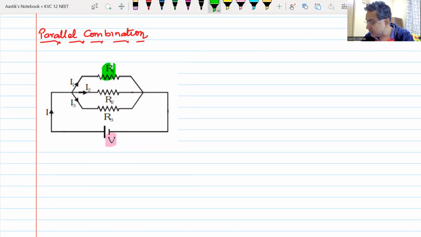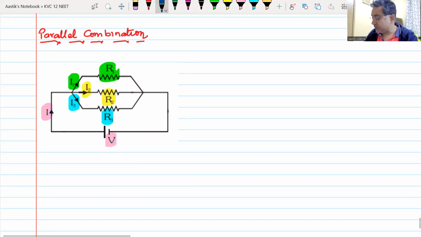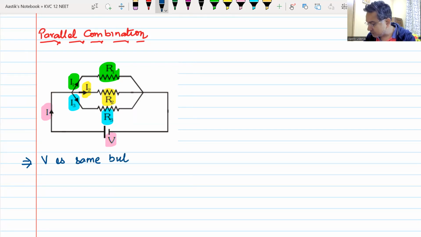But you can see the currents. In the resistor R1, the current is I1. In the resistor R2, the current is I2. And in the resistor R3, current is I3. The total current though is I. So in this combination, point number 1, voltage drop across each resistor is same, but current across each resistor is different.